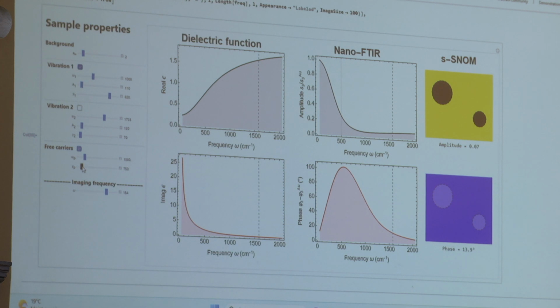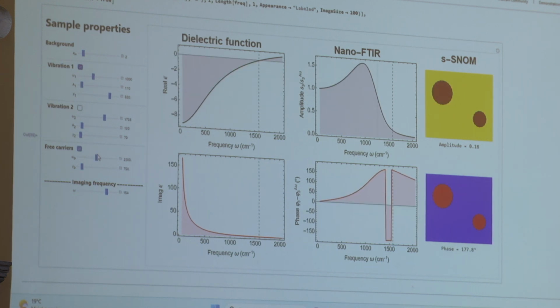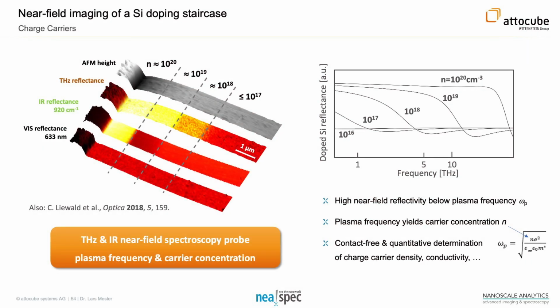This is comparable to a far field measurement, where above the plasma frequency, which is this faint line, the sample transmits the light. And we can now increase the charge carrier concentration, and then this transition from highly reflective to weakly reflective moves to higher frequencies. This is why we can indeed measure different charge carrier concentrations in the s-SNOM.